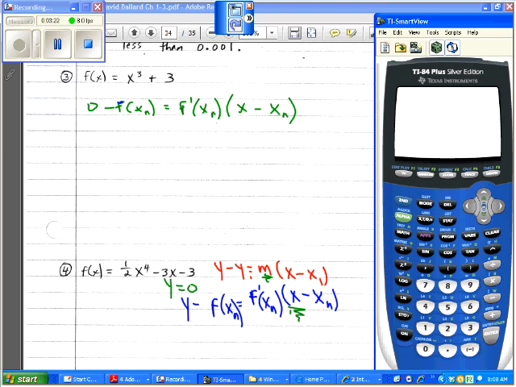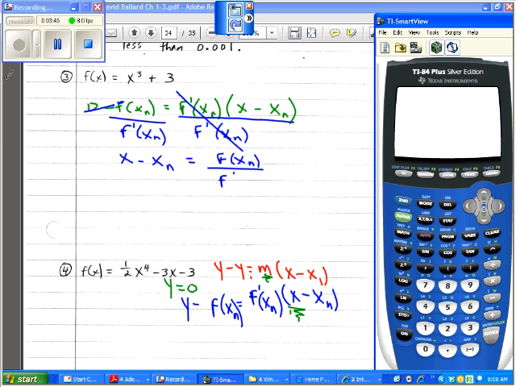So that 0 is going to go out. I'm going to divide off the f prime of x sub n, and those are going to cancel. I'm going to have x minus x sub n is equal to f of x sub n over f prime of x sub n.